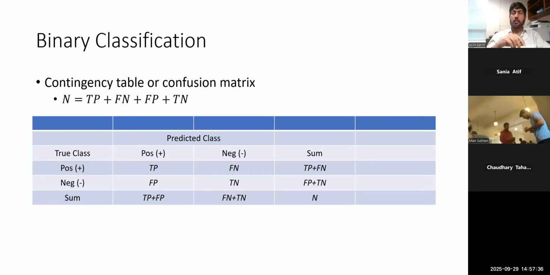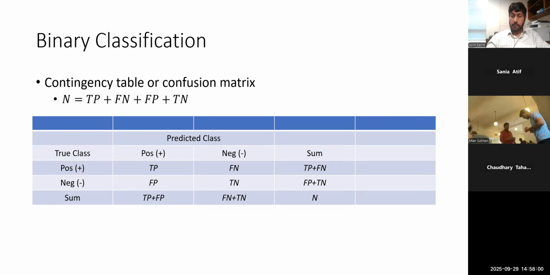So if they match, then that's a true positive. If not, then it could either be a false positive or a false negative. It will be a false positive if your model says it is positive while it was actually negative. Similarly, the other way around for the false negative, and then we have the true negative.